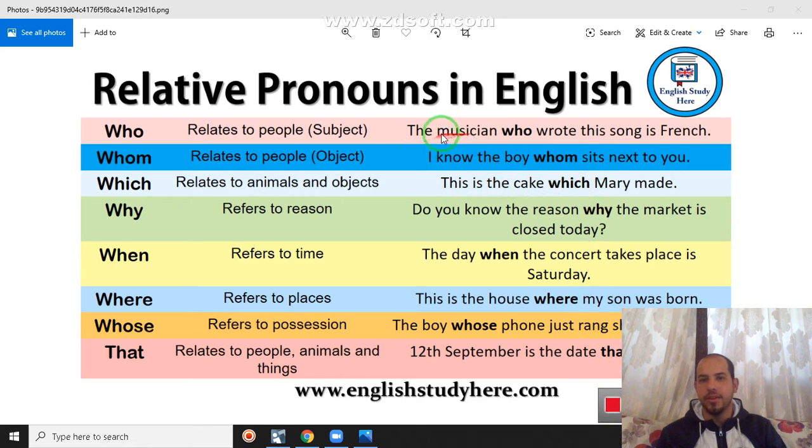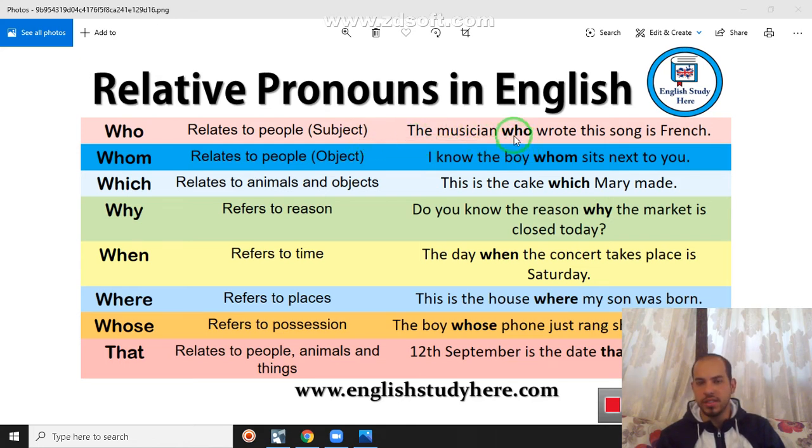Okay, look at this sentence. The musician who wrote this song is French. You can see the relative pronoun who describing the musician, and the musician is a person. Okay, and you can notice that the person here plays the role of the subject.